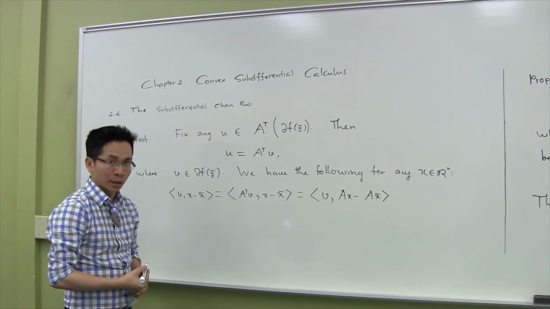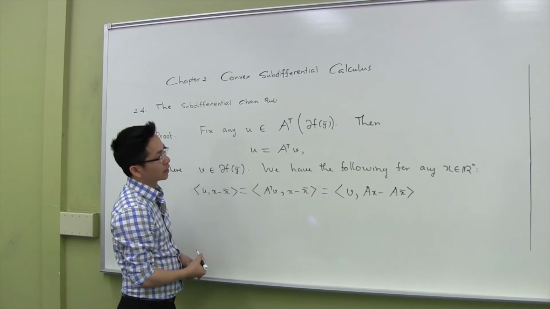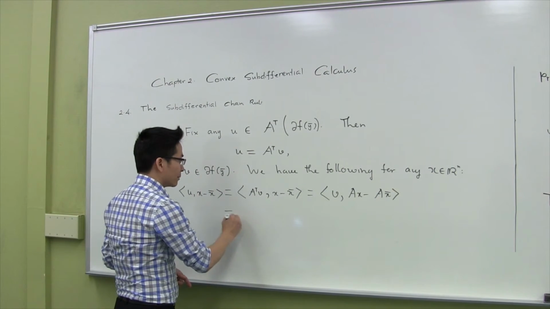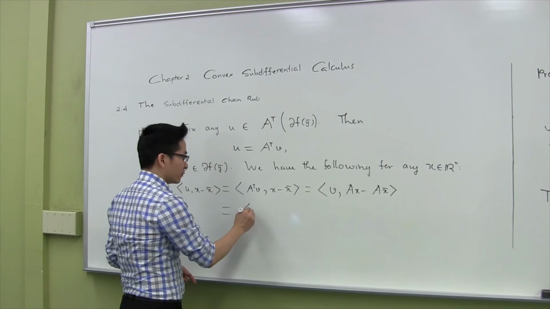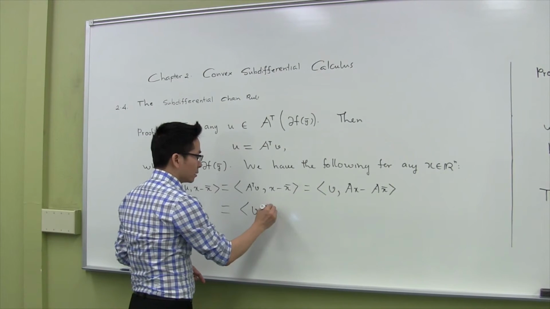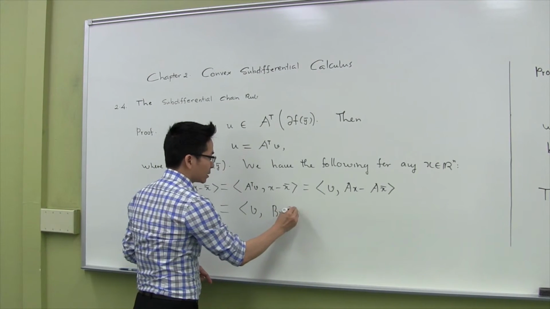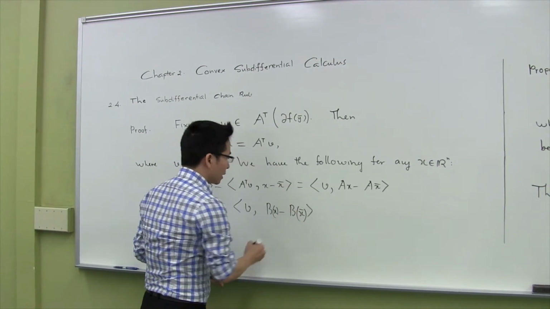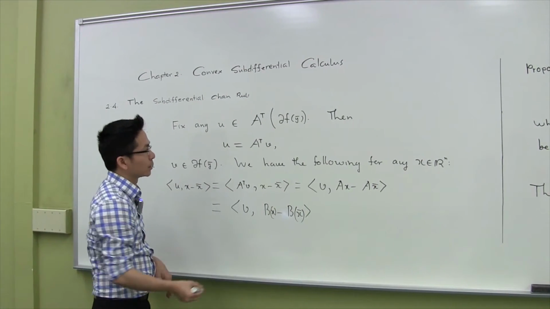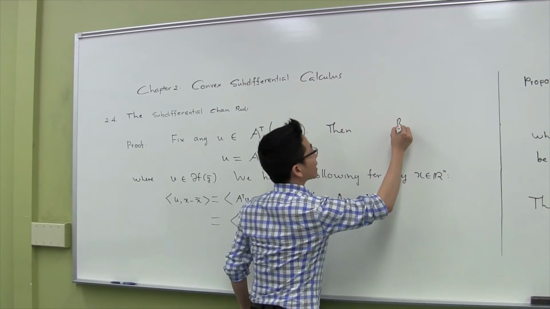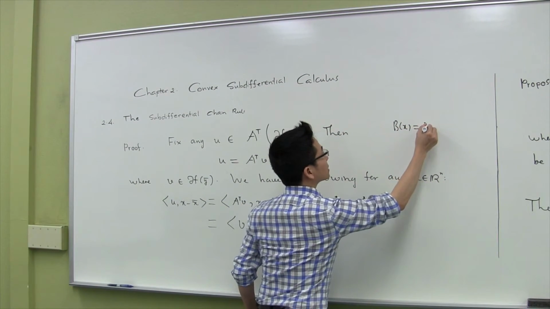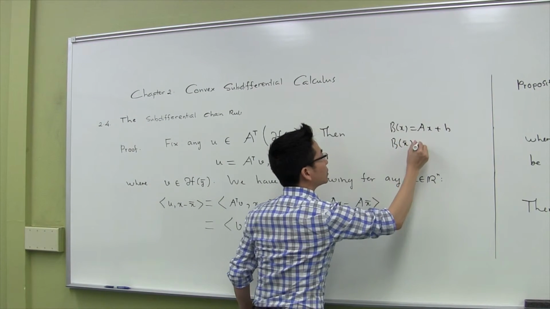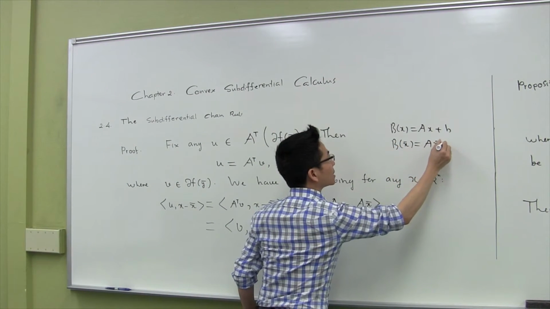As we know earlier, by the definition of the affine mapping B, this is the same as the inner product of V and Bx minus B x bar. Again, this is true because B of x is actually Ax plus b, and B of x bar is equal to A x bar plus b. Okay.